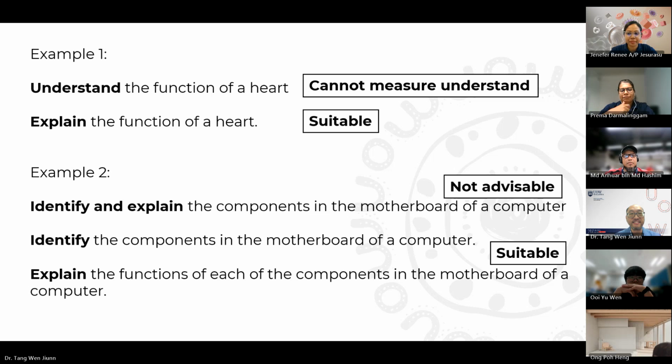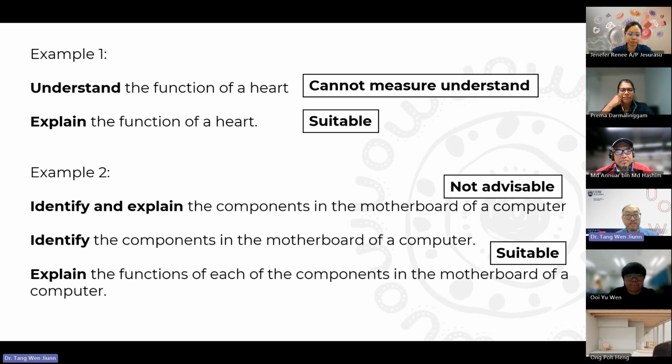Anyone, can you share your thoughts? Jennifer said not complete. Thank you. How about others? Do you think this is okay?